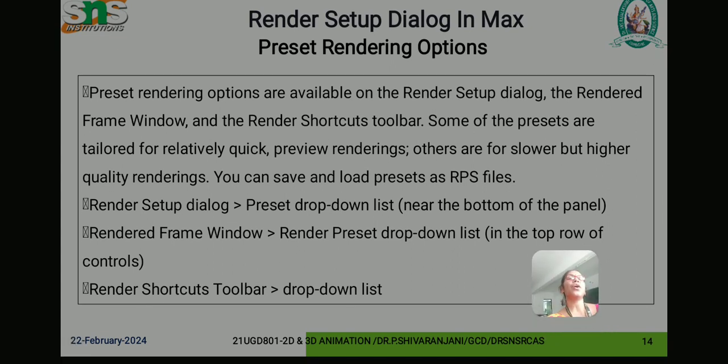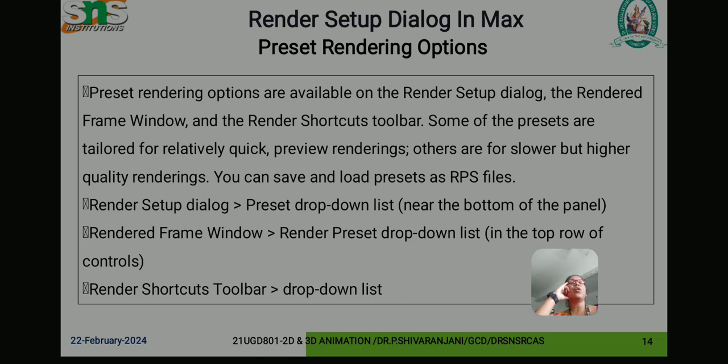The next thing is the rendering dialog and preset rendering options. Preset rendering options are available on the Render Setup dialog box, the Render Frame window, and the Render Shortcuts toolbars. Some of the presets are tailored for quick preview rendering, others for slower but higher quality rendering.